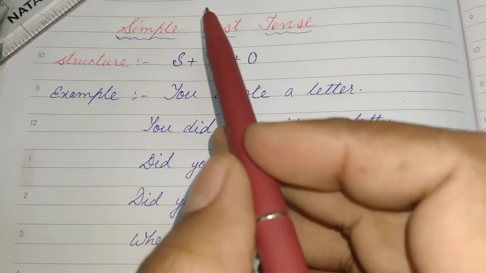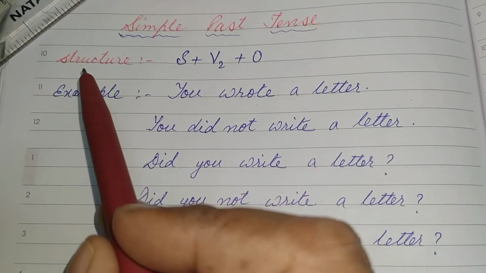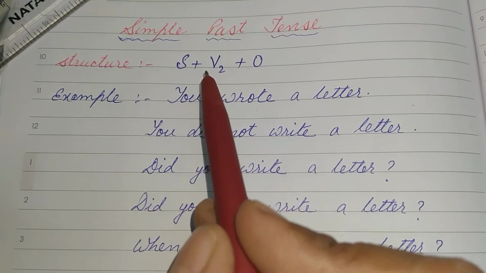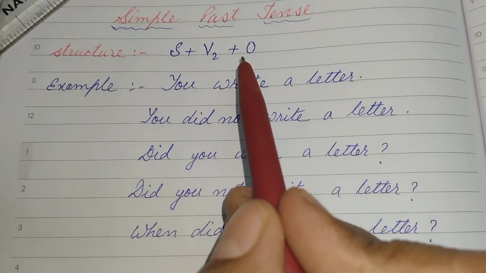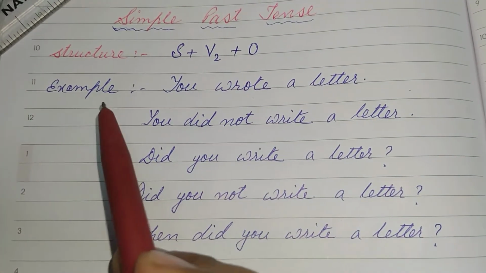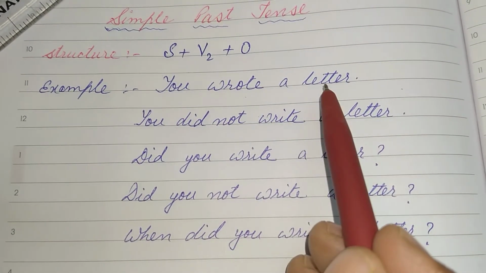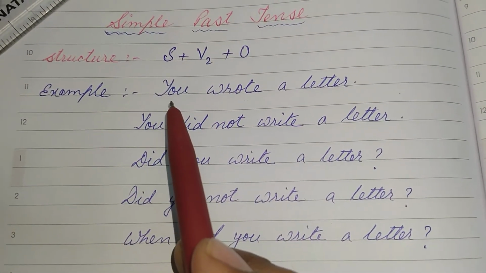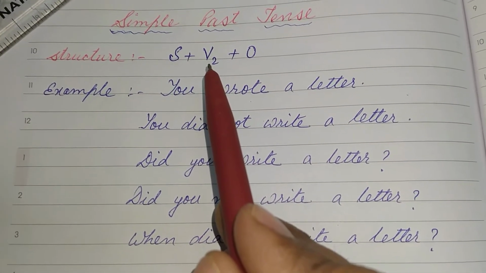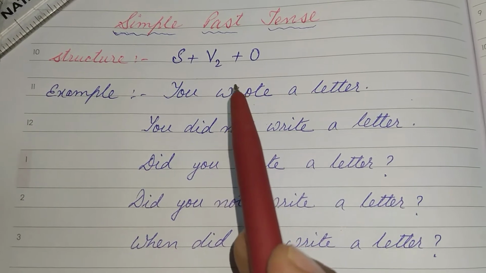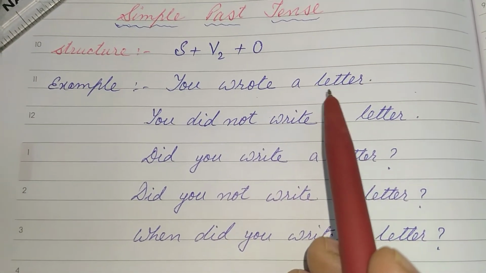Now let's see, in simple past tense, what will be the structure? First we use subject, then verb 2, and then object. Take this example. You wrote a letter. Here you is the subject, wrote is the verb 2 form of write, and a letter is the object.